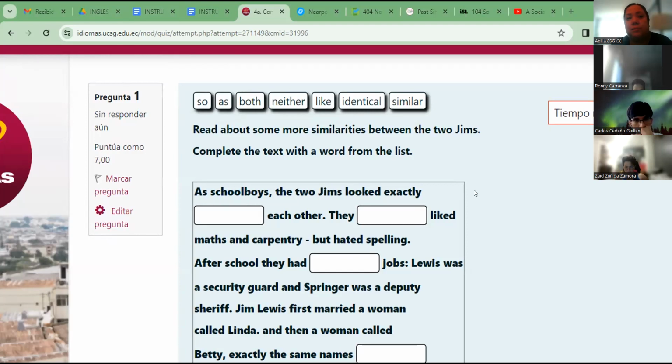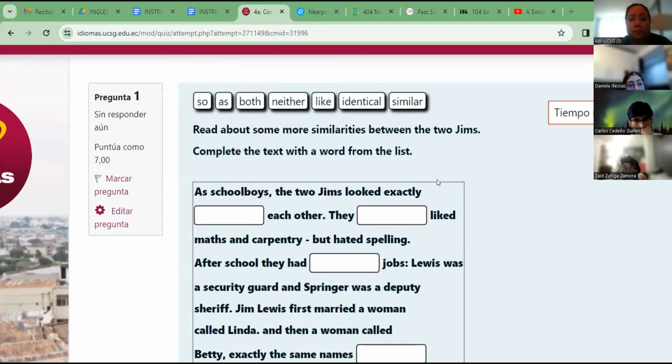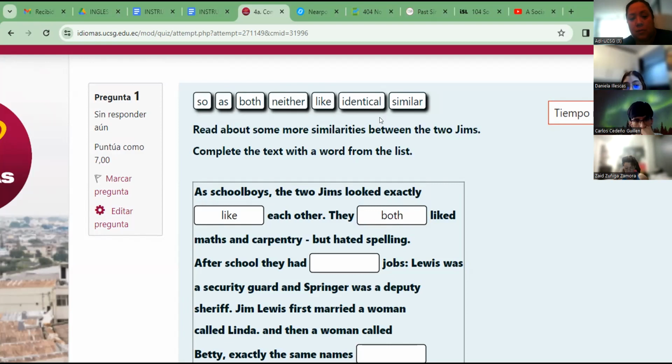Okay, we're going to check. Let's see, Daniela, please start. As schoolboys, the two Jims look exactly like each other. They both like math and carpentry, but hated spelling. After school, they had identical jobs.